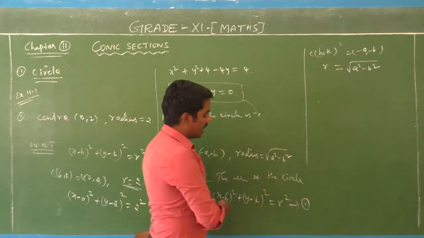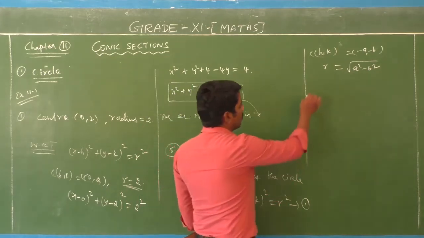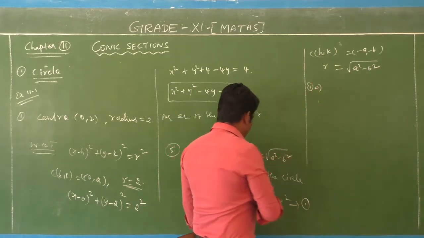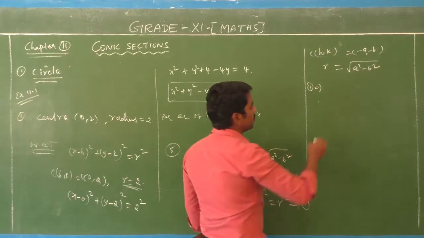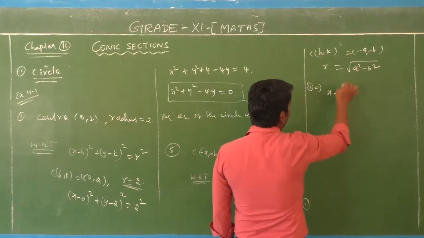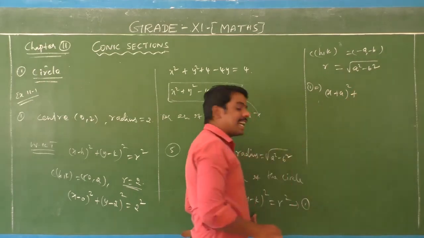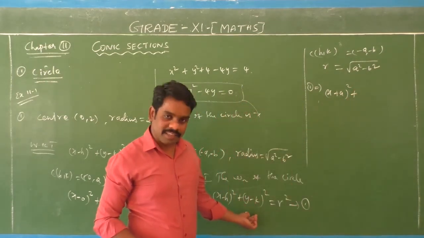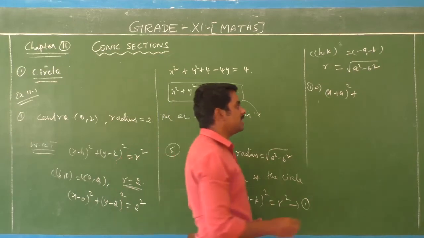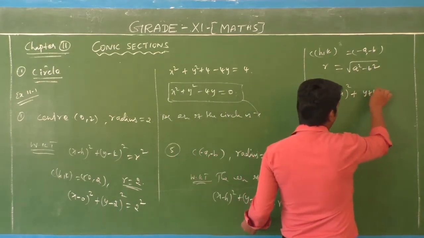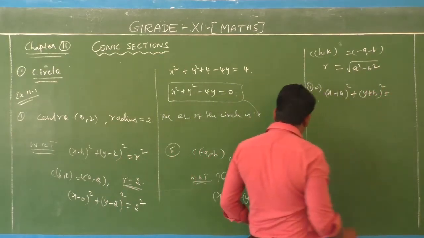Substitute this value in equation number 1. So x minus h, here h is minus a, so minus of minus a is plus a, the whole square, plus y minus k, the k value is minus b, so minus of minus b is plus b, so (y plus b) the whole square equal to r square.